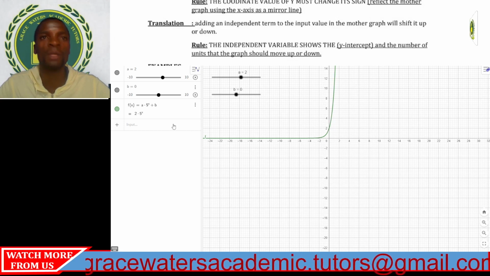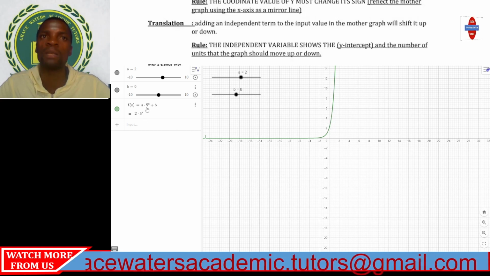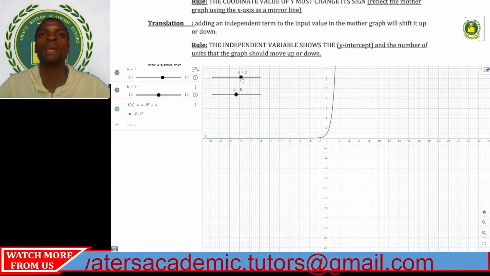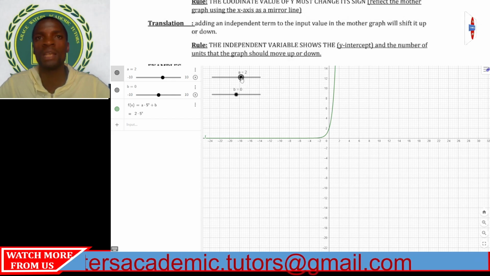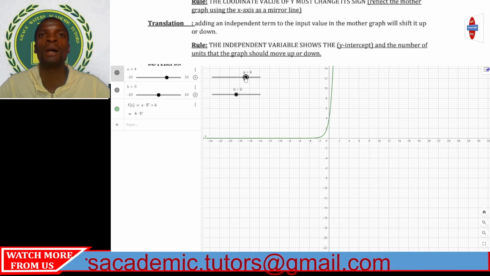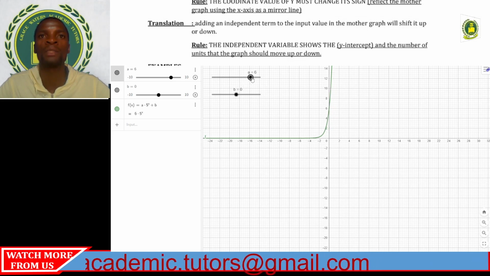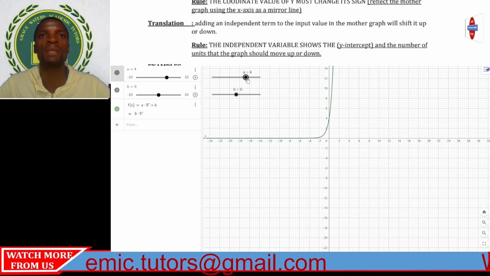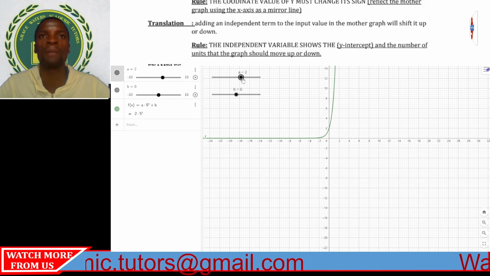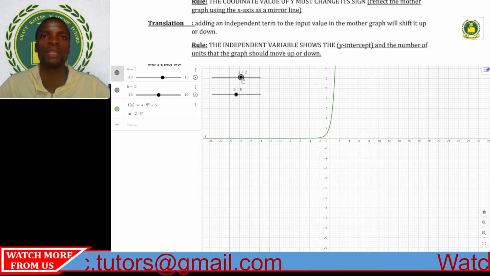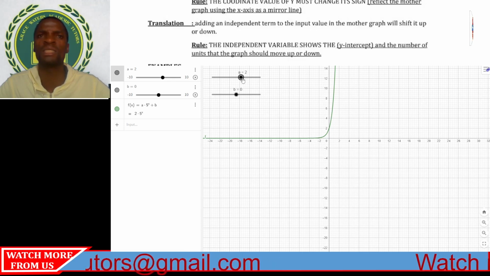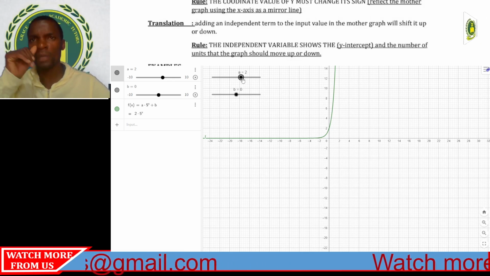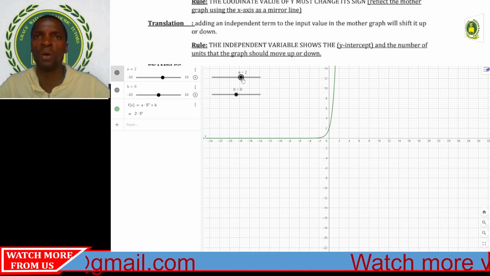Why? Because we said that when the coefficient is a whole number, the graph tends to go up. What about the rule of a? The rule of a is also the same, because here there is an asymptote, the x-axis. The more we get bigger here, you see, the more it tends to run away from the asymptote. But the moment we get it smaller, it tends to be attached to its asymptote. You cannot see the graph running away from its asymptote because it has a very small space there.